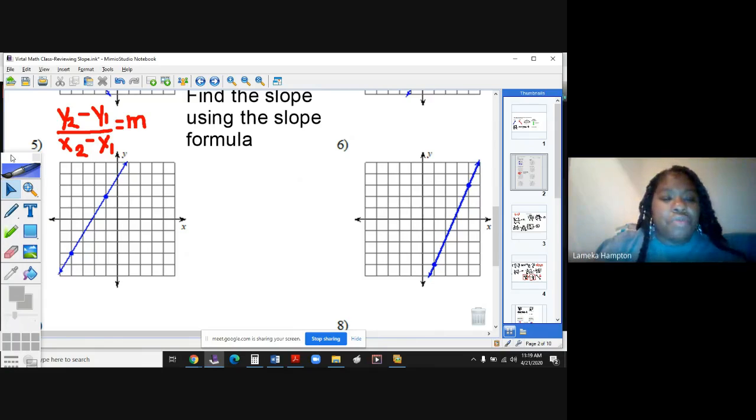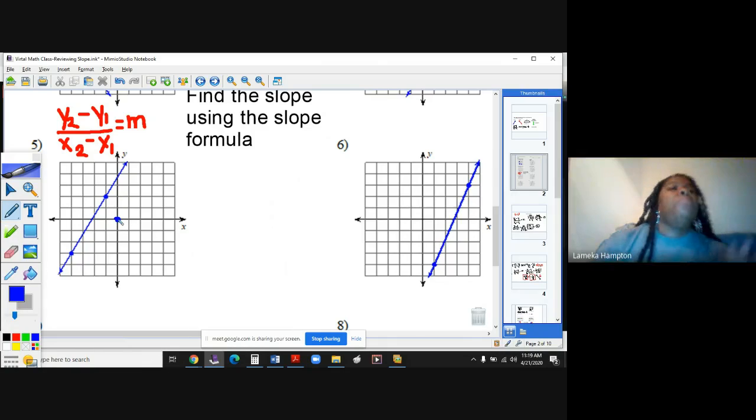As always, I am going to start at my origin. Remember, the origin is where the x and y axes meet or cross. So I'm going to start here.